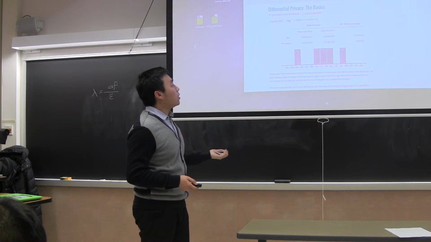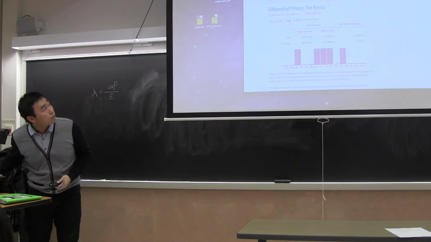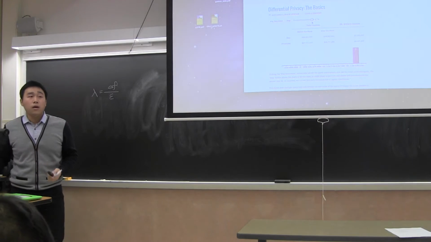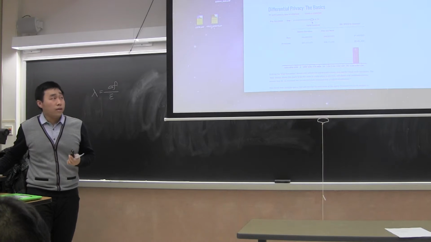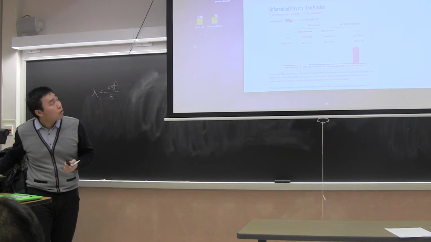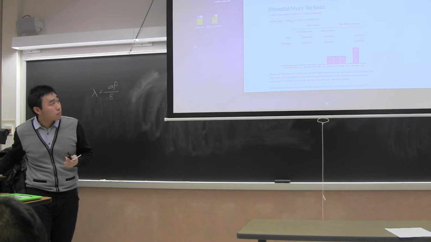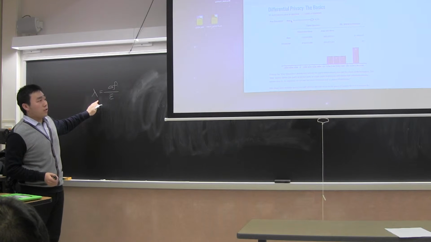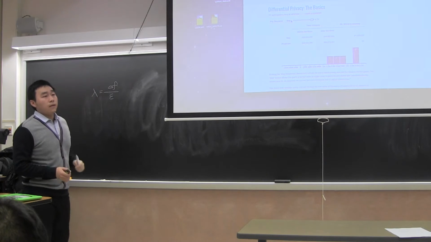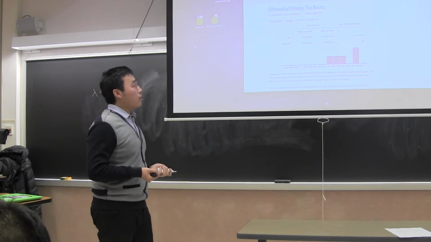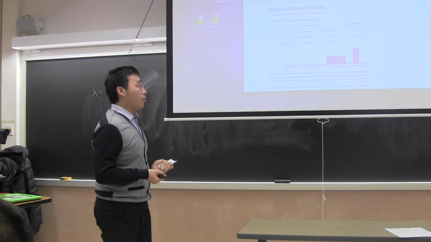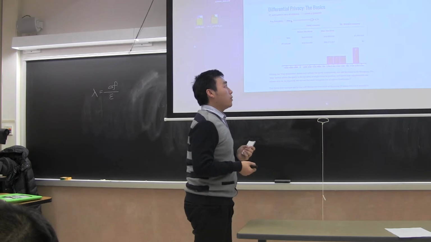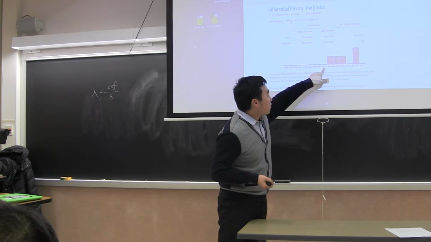We can play around with epsilon. When epsilon is larger, as I mentioned, we are allowing more privacy to be released, so we are supposed to get more accurate results. Also from this equation, when epsilon is larger, we are adding less noise. If we're adding less noise, the result we get from the database will be more accurate, and closer to the exact value of Mr. White's salary. So we can say it is very close to 1 million.